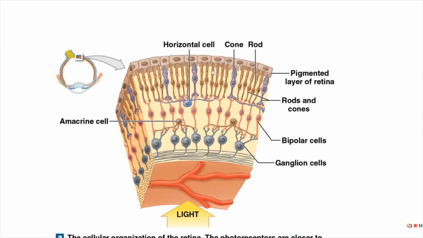Now, remember here you can see cones are in purple, and there's not many of them, but the rowdy rods, there's lots of rods, because they're rowdy, and you can have one bipolar cell receiving many rods, but here cones, one cone for one bipolar, one cone for one bipolar. Bipolar cell has many rods, okay?